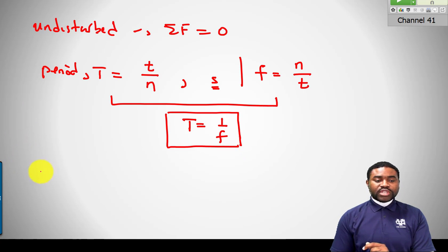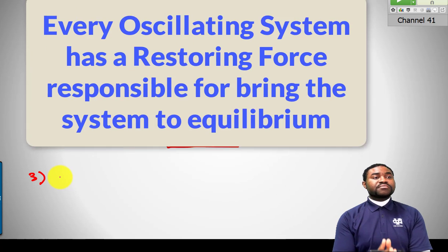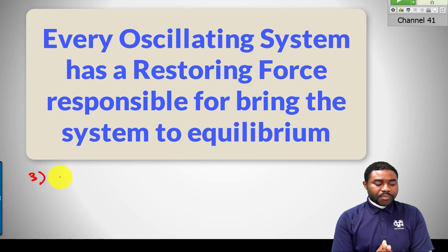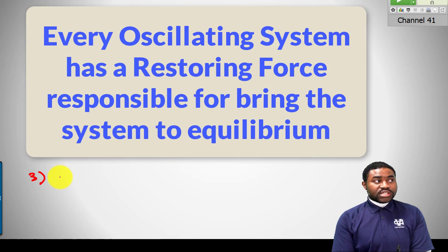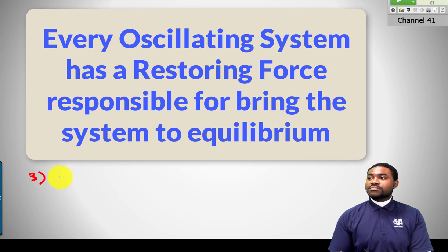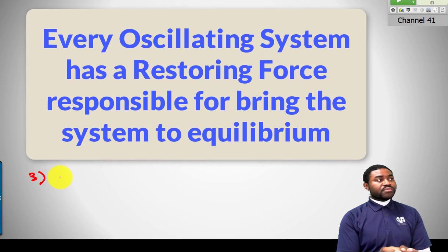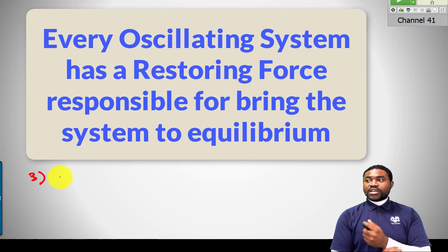The third important thing you need to note about oscillating systems is that when an oscillating system is displaced from its equilibrium position, a restoring force is generated that tries to restore equilibrium. Let me say that again.